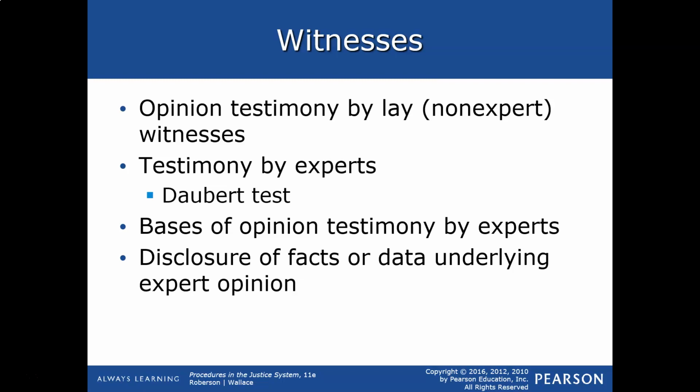So you're going to have your lay witnesses, just like you and me, and then your expert witnesses, who are experts in some field and didn't necessarily witness or have any contact with the crime itself, but maybe later were involved in evaluating evidence, things like that.